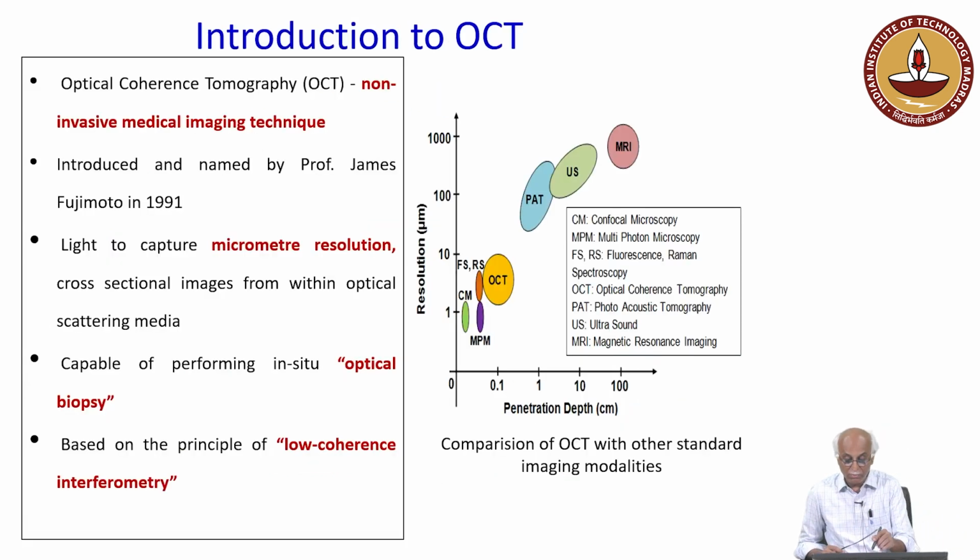So, this picture shows the different methods. One is of course MRI, magnetic resonance imaging, then ultrasound imaging. It also allows layer by layer information, depending upon the acoustic waves which travel and reflect back; the position of that reflection, the time of flight, will help us to determine the layer by layer information.